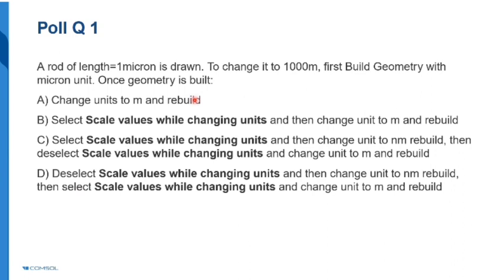Will this give me a 1000 meter long rod? The last one is, first clear the checkbox of scale values while changing the units, then change units to nanometers, then again select that checkbox, change units to meter and rebuild. So which option do I need to select?